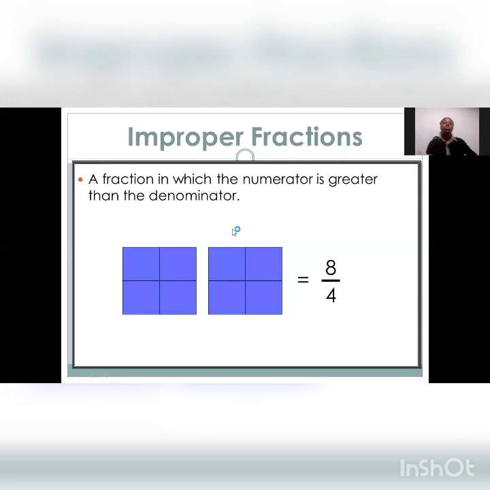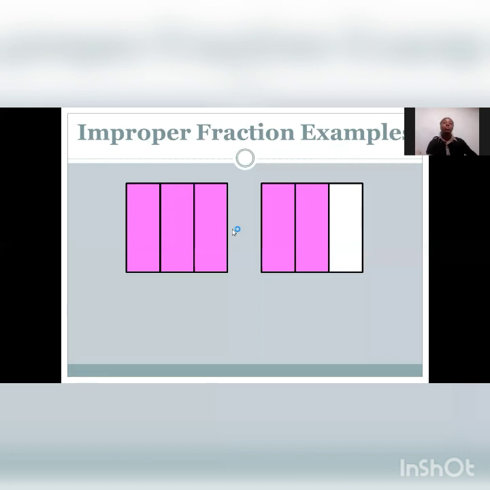Let's look at a few more examples before we go on to converting them. Don't forget to pause the video if you need to get the answer before we start talking about it. Let's look at how this can be read as an improper fraction.